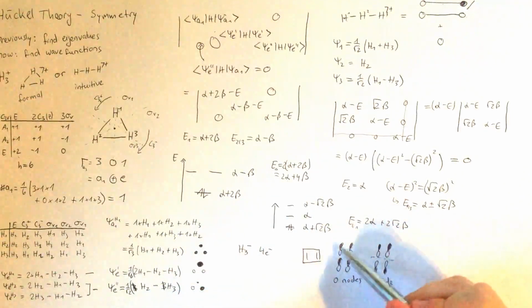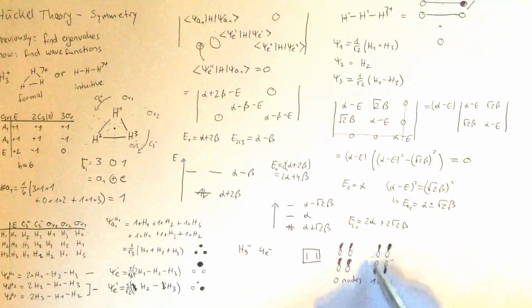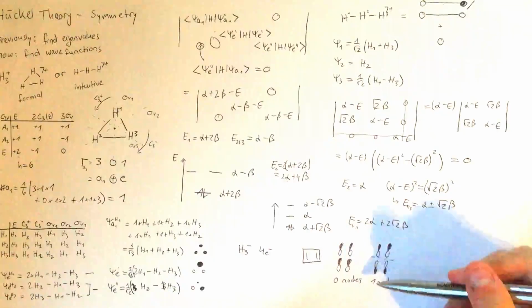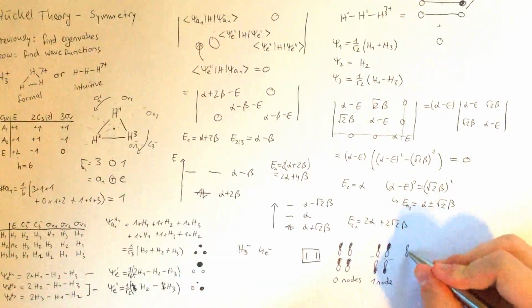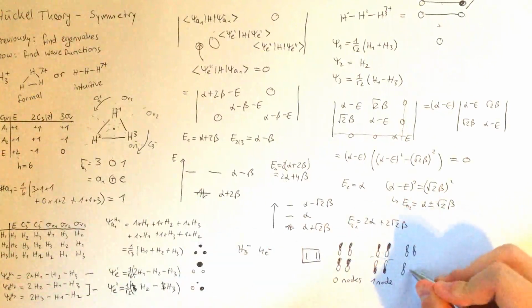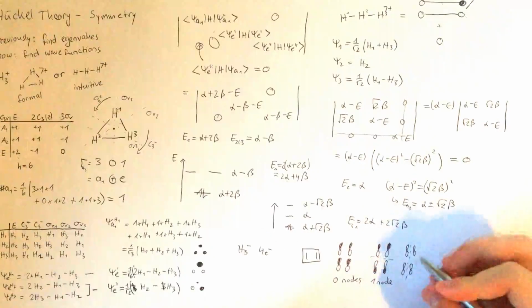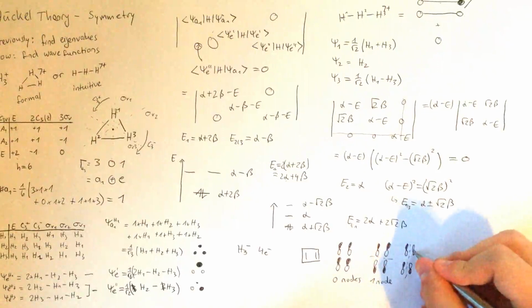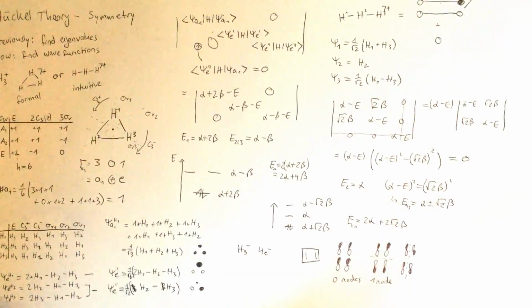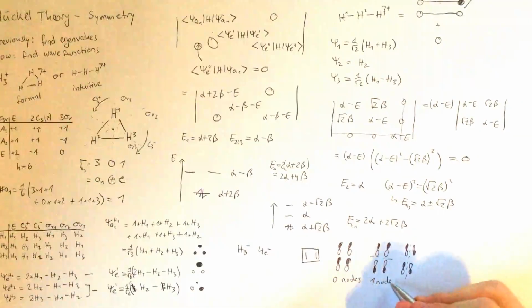Now, instead of all the orbitals overlapping, we just have 2 pairs of orbitals overlapping and repelling each other this way. But at the same time, I could have drawn my node here and have these 2 overlap and these 2 not overlap.